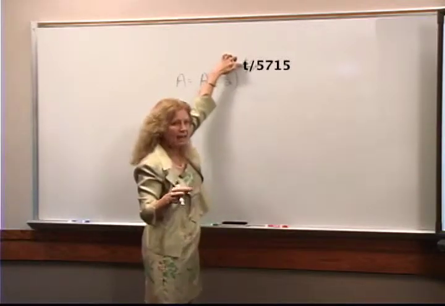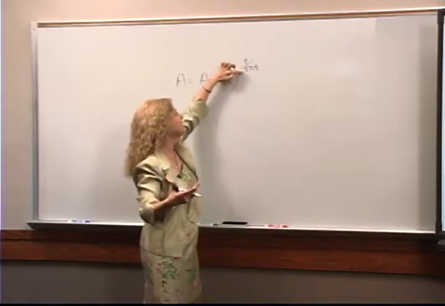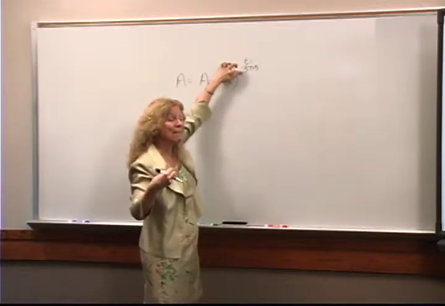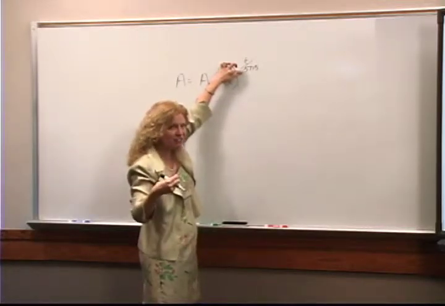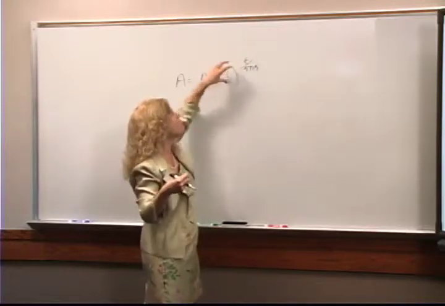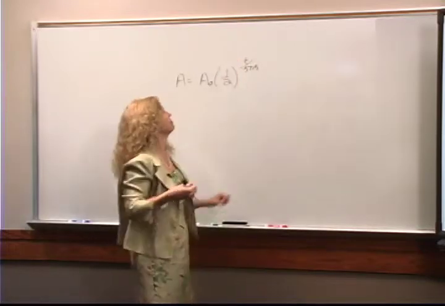So if I take the number of years for the age of this item and divide it by 5715, I find out how many half-lives, because this exponent on the 1/2 is always the number of half-lives.